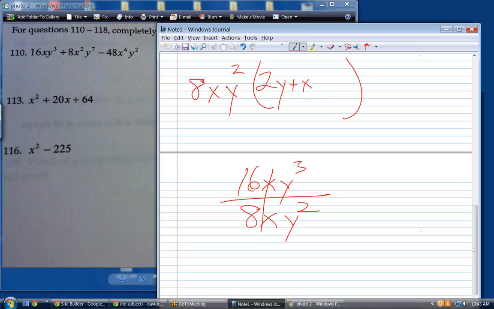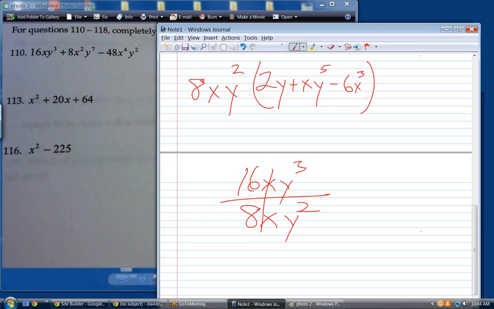And then y to the fifth, minus 6, then x to the third.